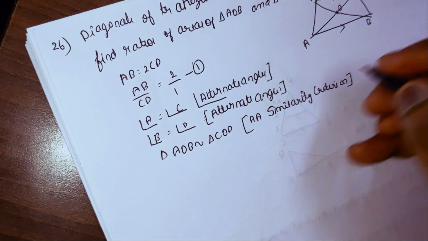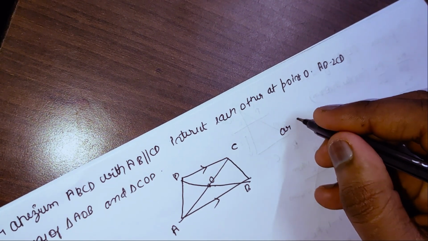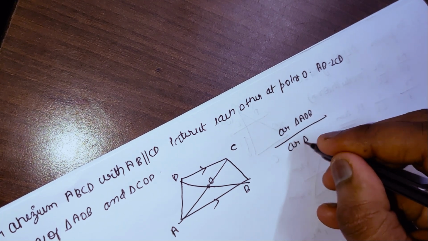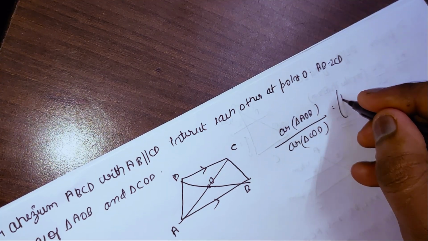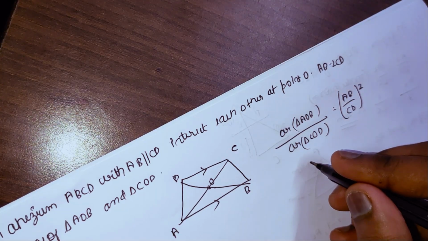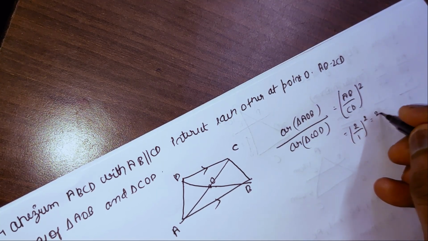So area of triangle AOB by area of triangle COD is nothing but AB by CD whole square. This is by the theorem of areas. So we'll get 2 by 1 whole square.